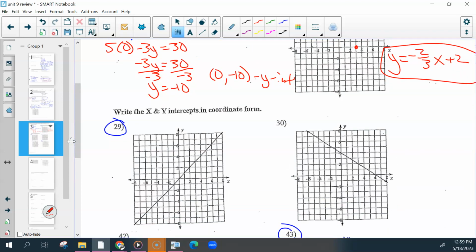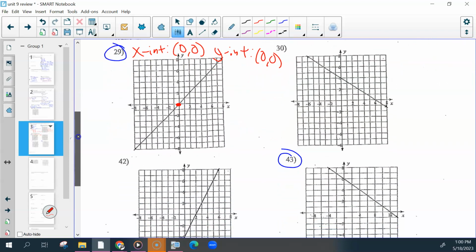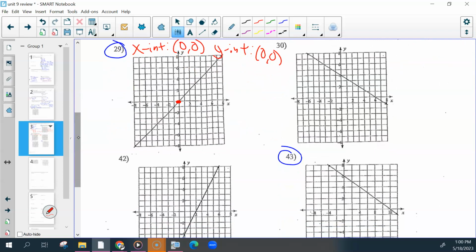29, you're looking for your x and y intercepts. They happen to fall at the same place. They both cross at the origin. So your x-intercept would be 0, 0, and your y-intercept would be 0, 0. 43, again, look for where it crosses the x and y axis.